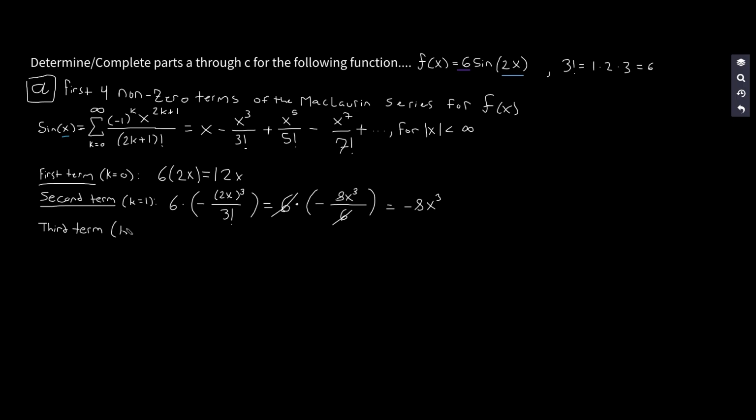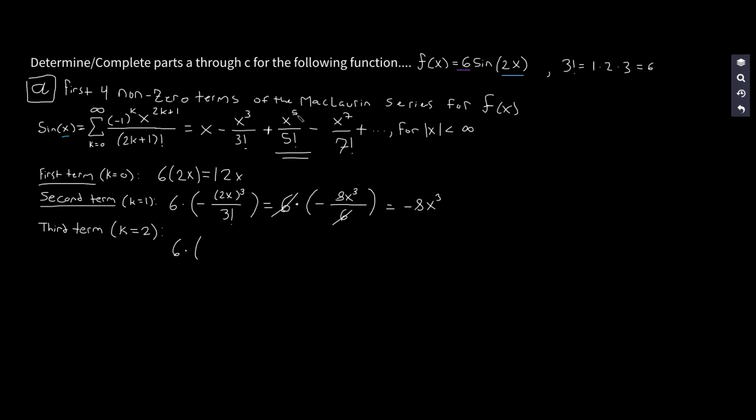And then the third term is going to be k equals 2. So for k equals 2, we're going to automatically multiply it by 6, but then we're going to investigate this term here.